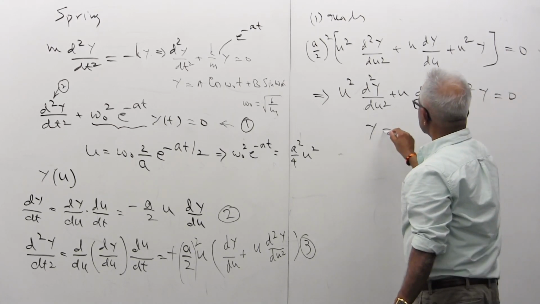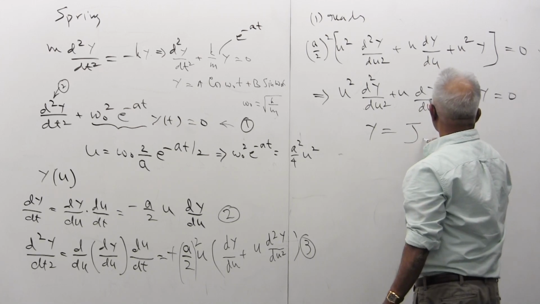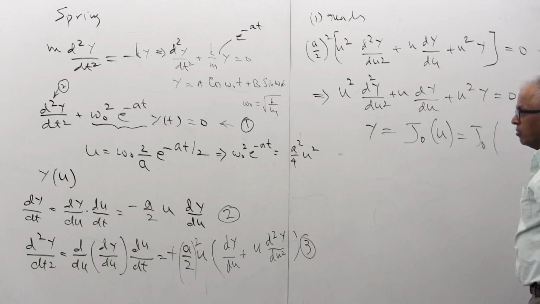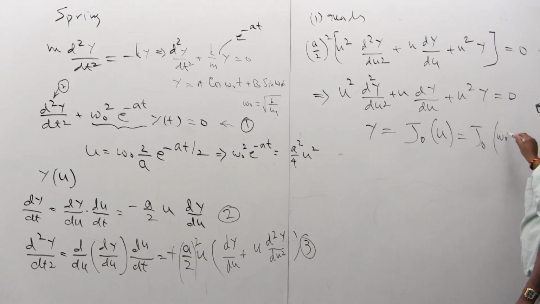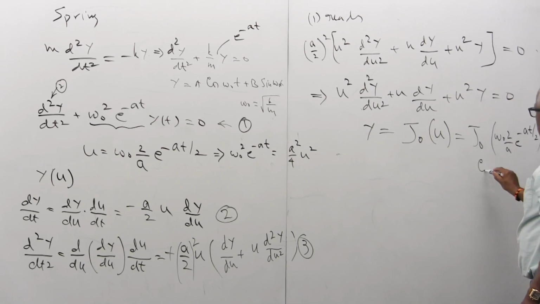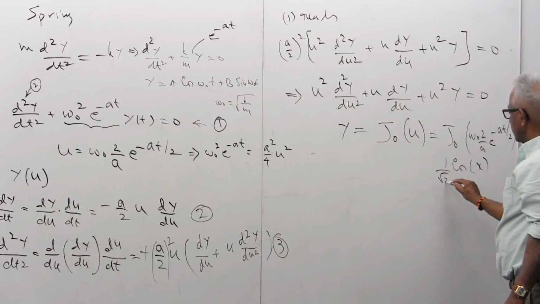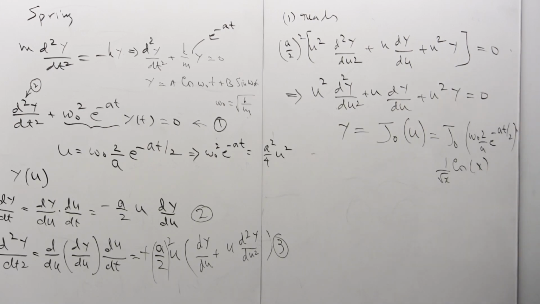So y is J0 of u, and u is omega naught 2 over a e raised to minus at by 2. This is also, if I remember, cosine of something, argument divided by square root of x. So close to cosine, but not exact.